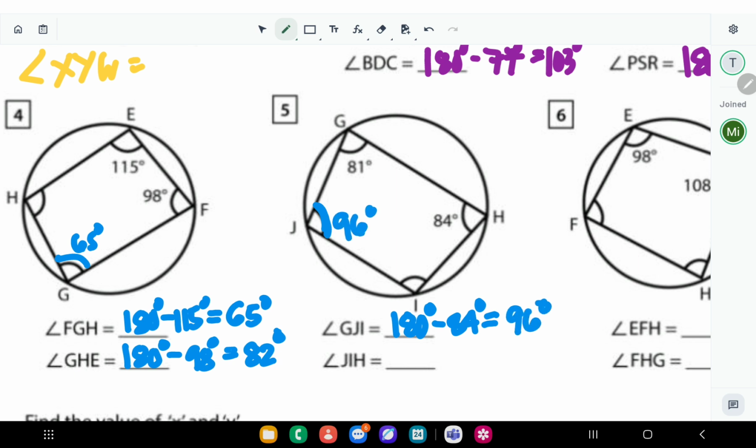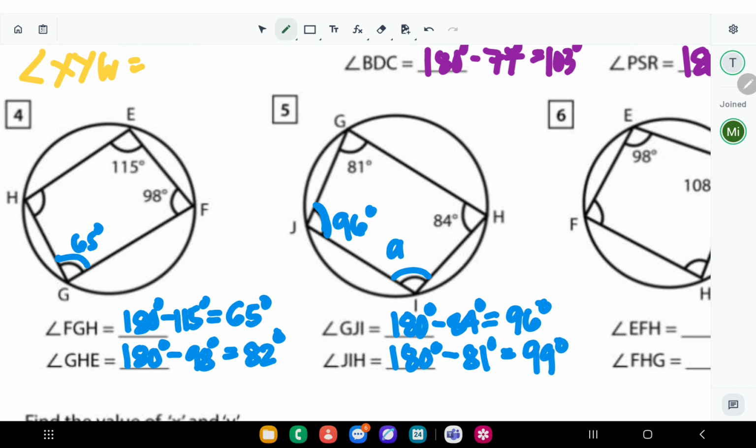And then the other angle JIH, this one, which is opposite to angle G. So they add up to 180 degrees. So this is 180 minus 81. So what is 180 minus 81? Okay, 99 degrees.